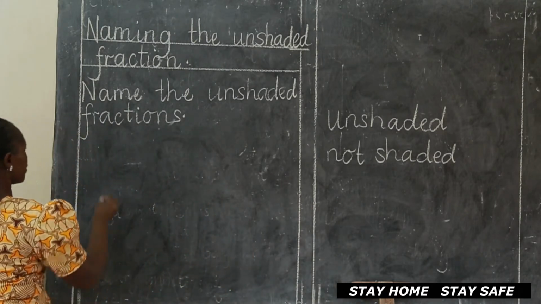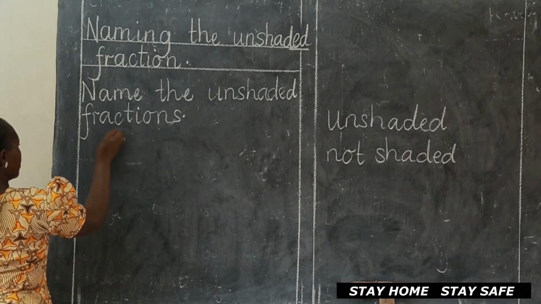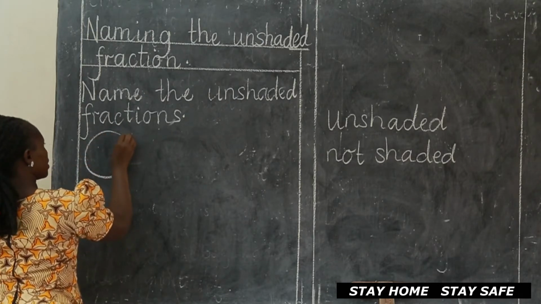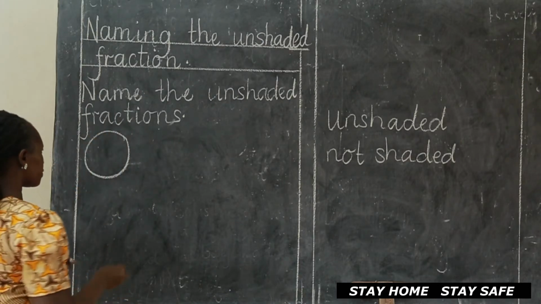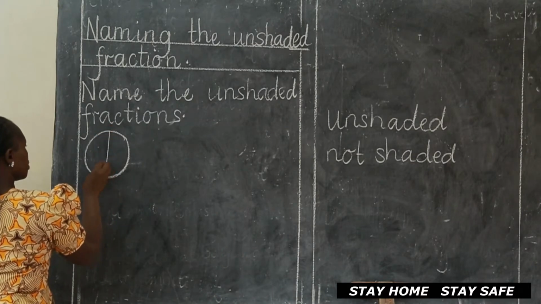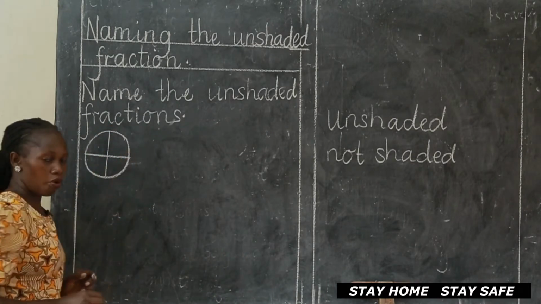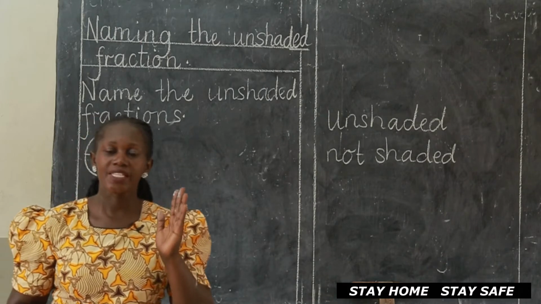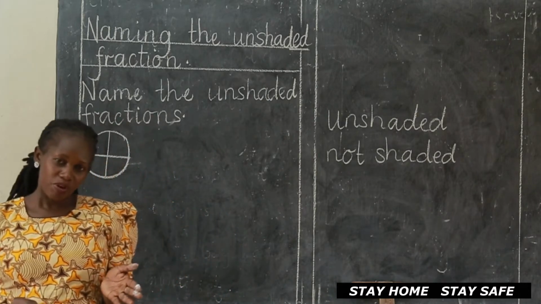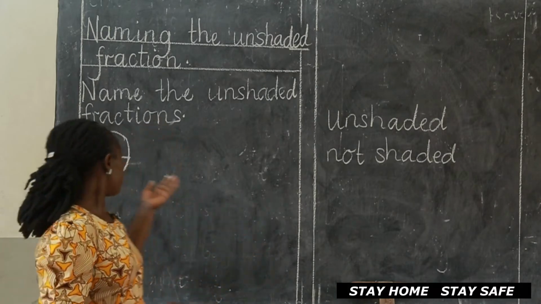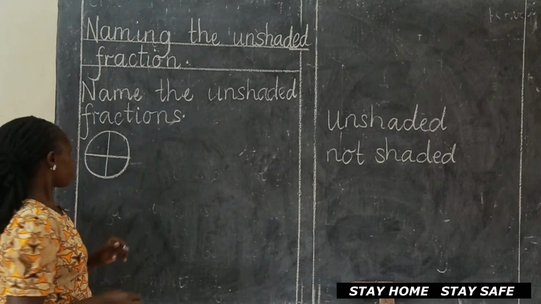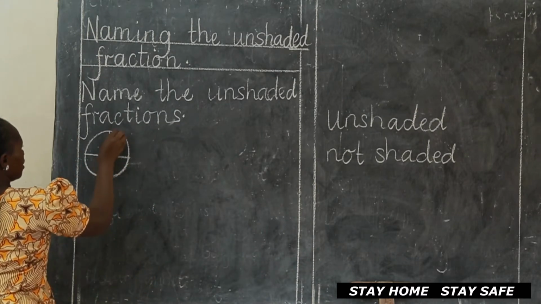I have that apple. I'm dividing it into 4 equal parts. I told you they must be the same. Don't cut one piece small, another one big. They must all be the same. I'm now shading that part.